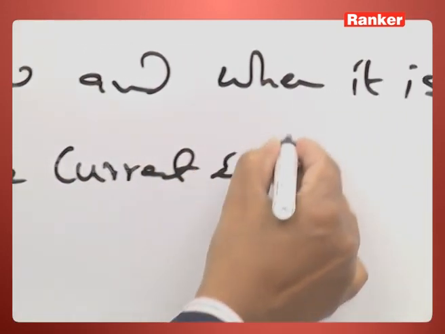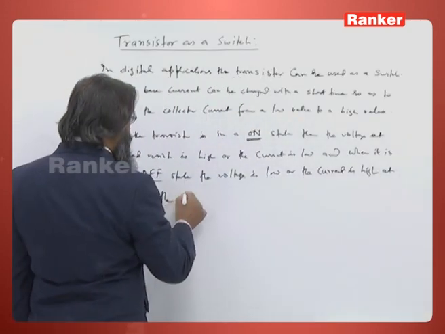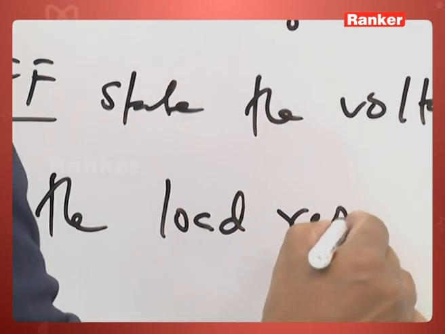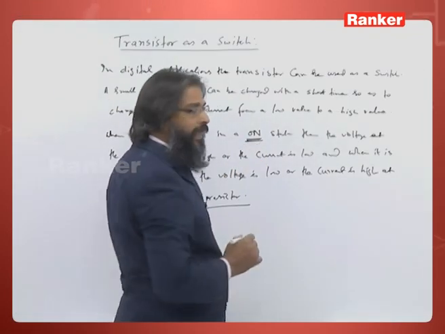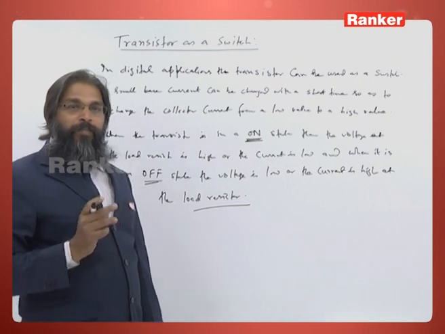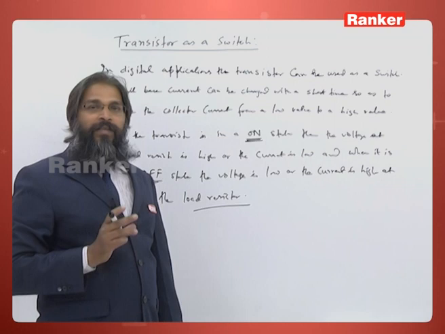Current is high at the load resistor. So, this is what on and off state of a transistor means. The output is taken across the load resistor, that we will see with the diagram now.